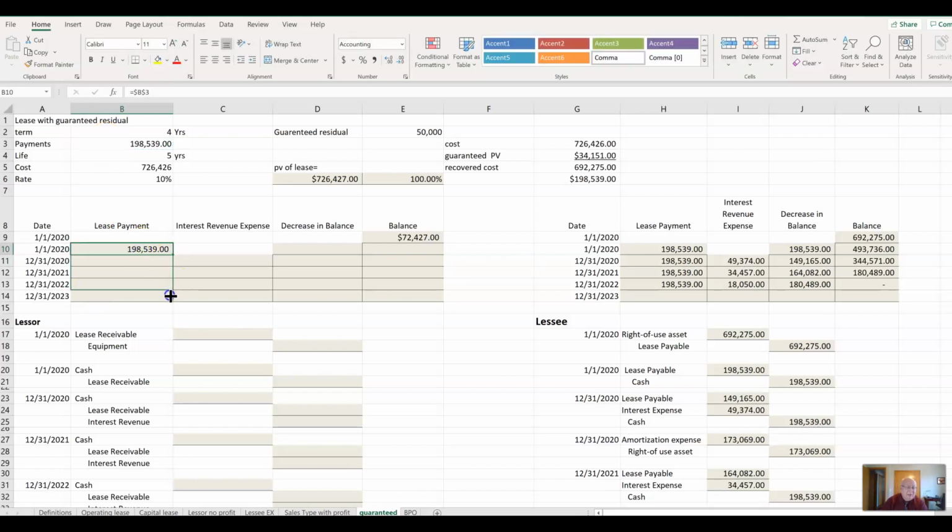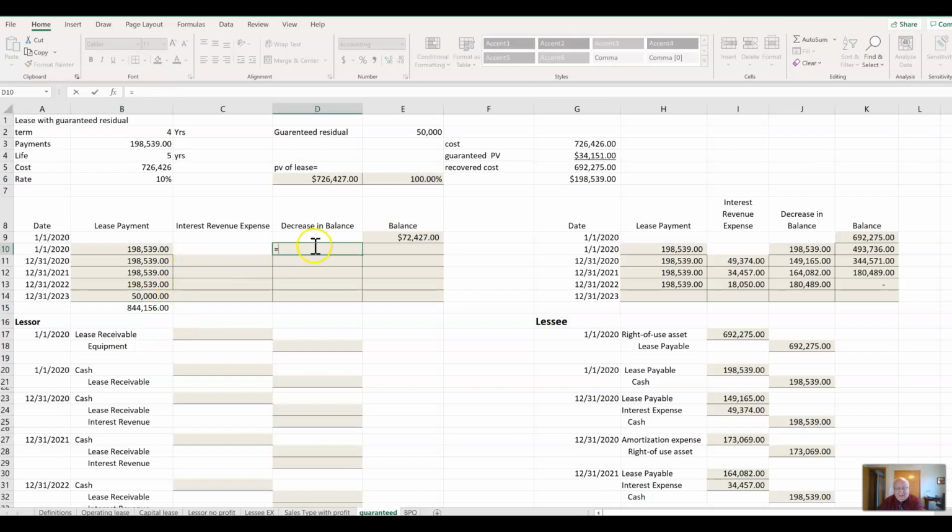Remember, these are done at the beginning of the year, so that's why they're in here like this. And make sure I have them all. The last year is $50,000. That's why it's different. The $198,539, and I think I copied the wrong number down.